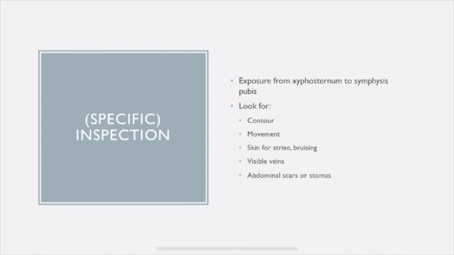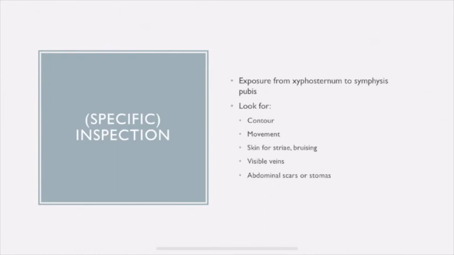This is what you want to look for. You want to look for movement. Is the abdomen moving normally, or is the patient kind of splinting? They're trying to keep their abdomen still due to an intra-abdominal process that might be causing them pain. You want to inspect the skin for striae, like you might see in Cushing disease, or bruising, like you might see again in somebody with an elevated INR, if you guys know what that is, or just poor blood clotting, thin blood in liver disease, say.